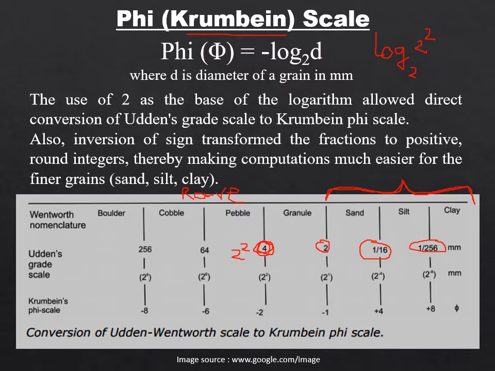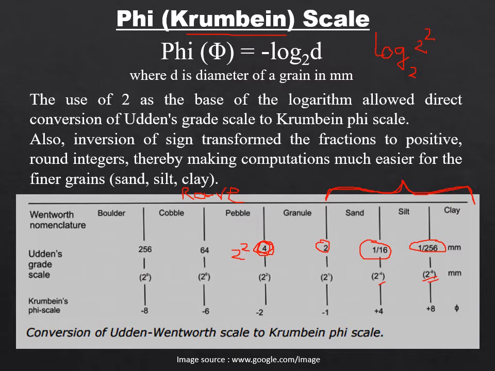Another adjustment is that, as I already told you, in nature we mostly deal with the finer size classes of grains. If you convert these fractional values into powers of 2, for example 1 by 16 is expressed as 2 to the power minus 4, and 1 by 256 is expressed as 2 to the power minus 8.